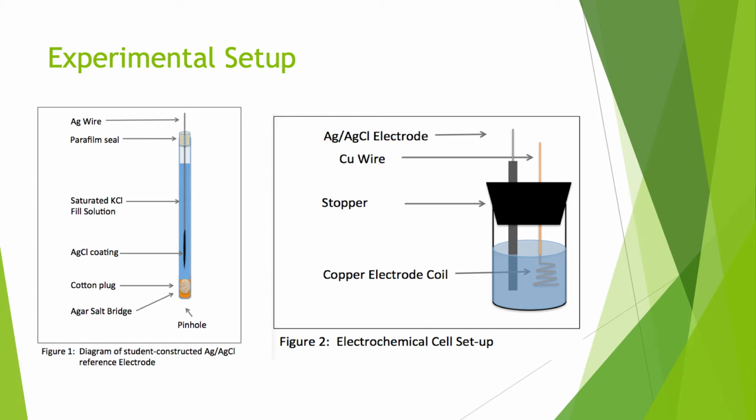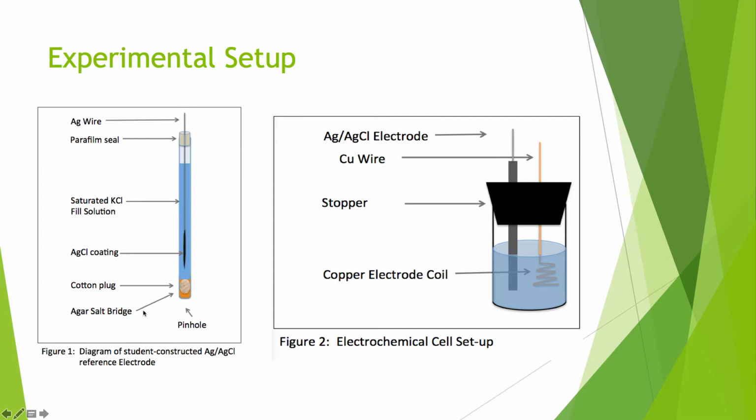If you have to ask the question, is this too big? It's probably too big, and you should make it a lot smaller. It should be just barely enough to plug up the bottom so it's not falling through. The reason we want it to be relatively small is that if it's too big, we're not going to be able to form an actual salt bridge here.